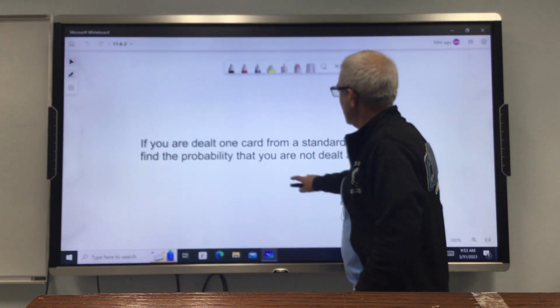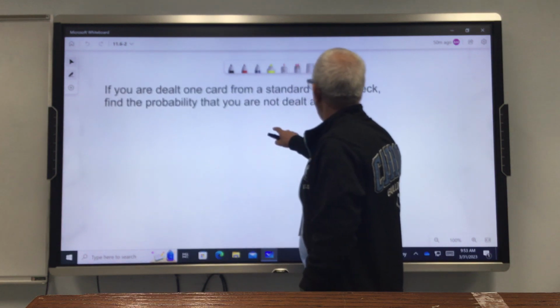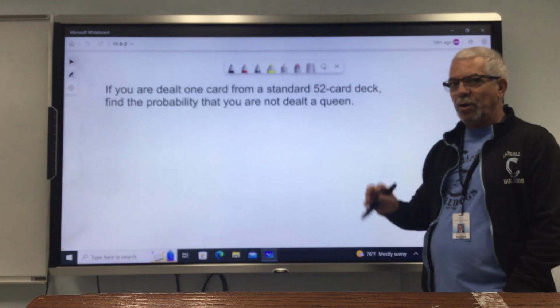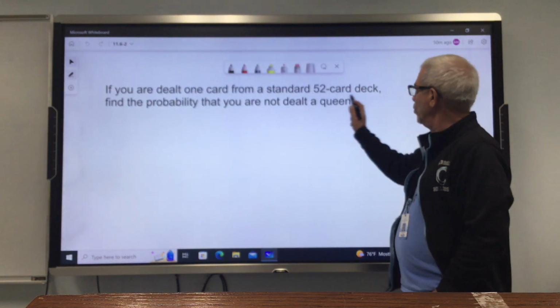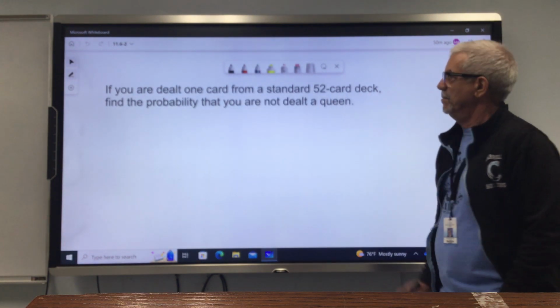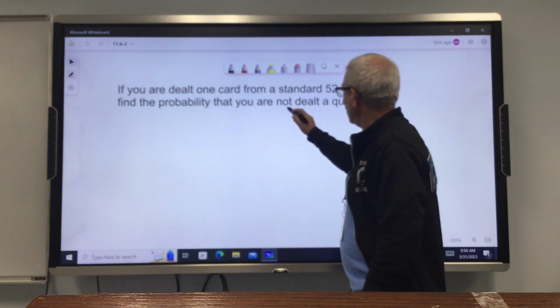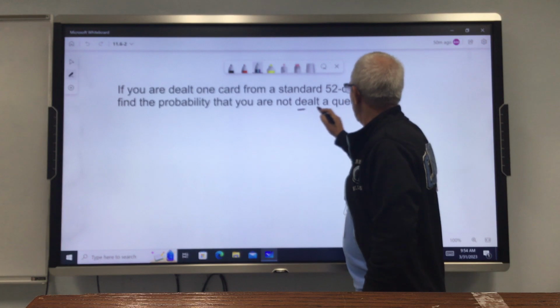Okay, everybody remembers the 52 cards, no? Then remember, you are going to take one card from the 52 standard card deck. Then we need to find the probability that you do not deal a queen.